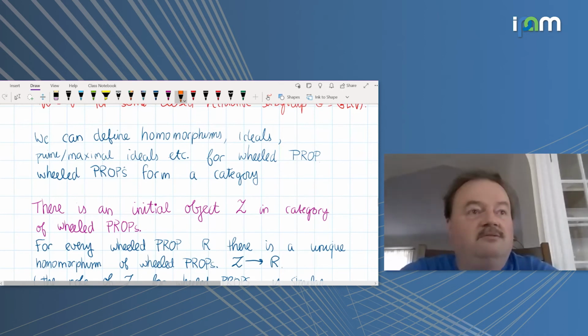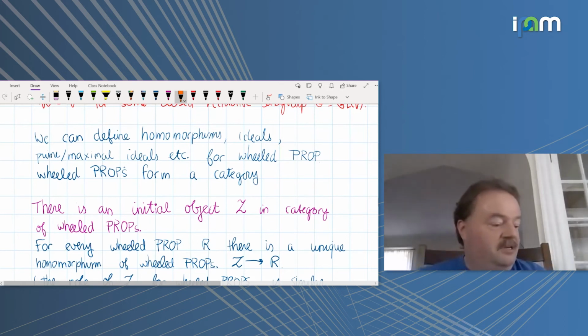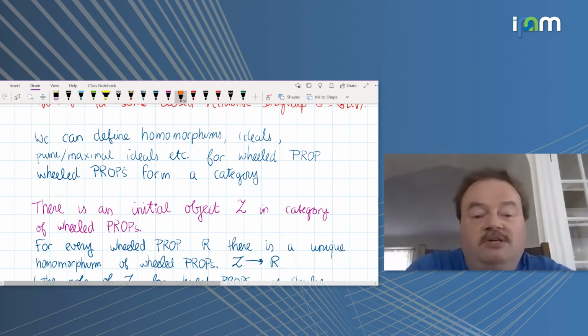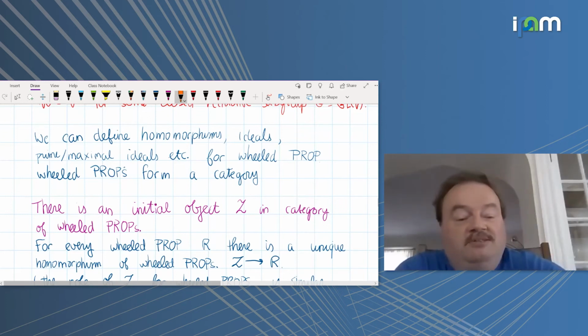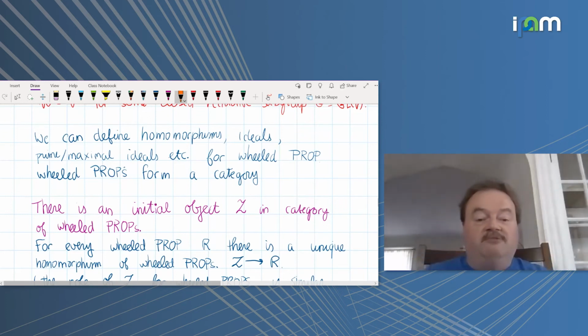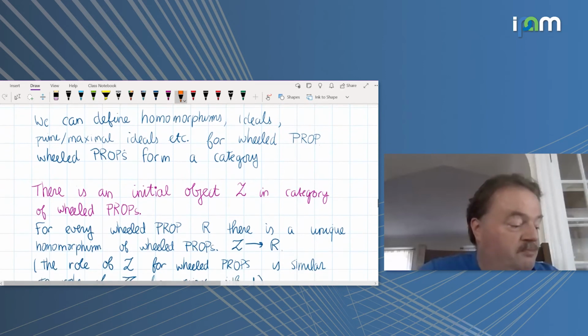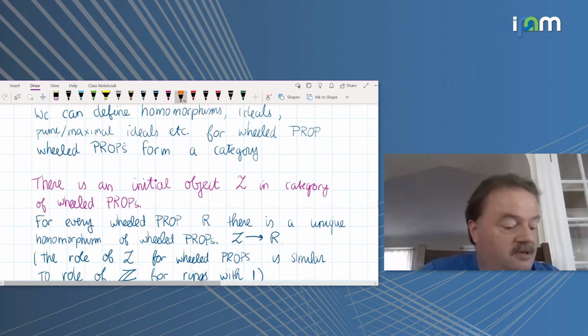And one important notion is also looking at subalgebras. If you start with some tensors, then you can look at the algebra generated by these tensors: the smallest sub-real prop that contains these elements.